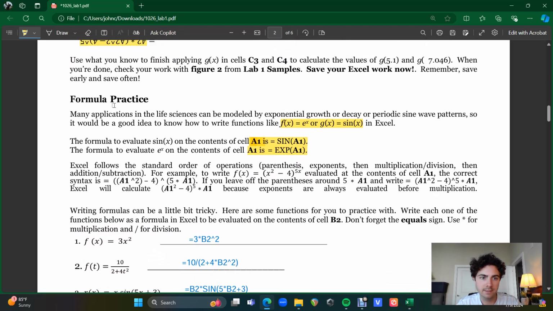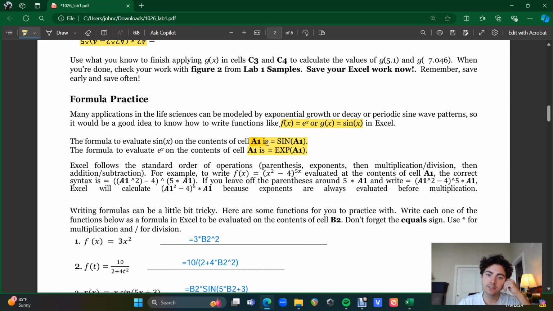Formula practice. So other formulas worth knowing are things like e to the x and sine of x. If you wanted to use e to some power, you would type equals exp and then put whatever's in the exponent spot in place of the parentheses here.